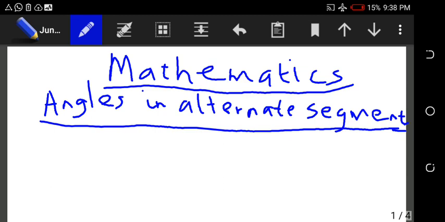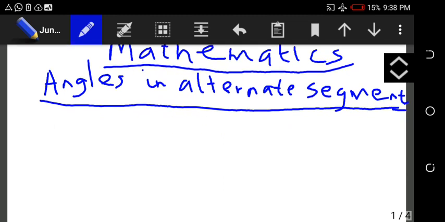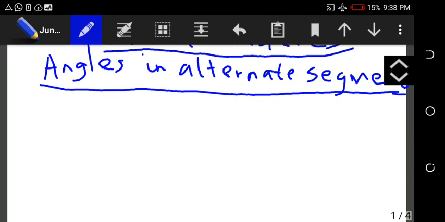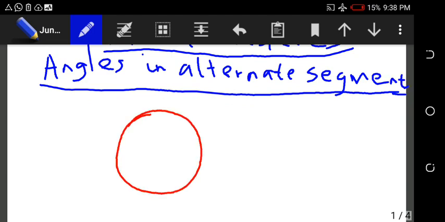But before we take a look at the theorem, let's refresh our minds on the concept of a segment. Let's have a circle. When a chord is drawn, dividing the circle into two parts, what we have is a segment.